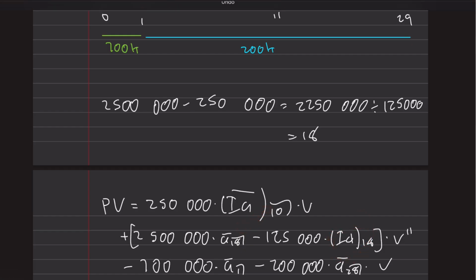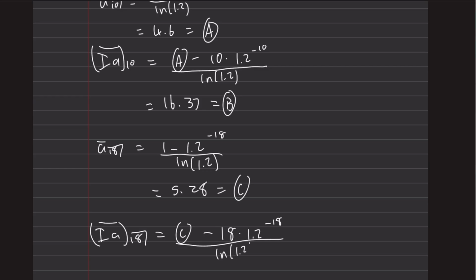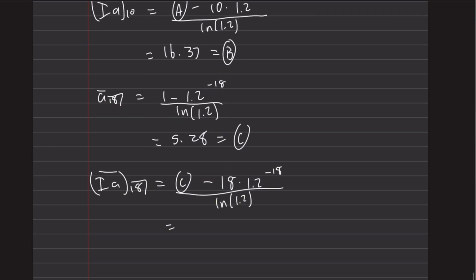And this is also decreasing continuously, so it should have a line above. Okay, so an increasing annuity for 18 years continuous is going to be C minus 18 times 1.2 to the power of negative 18 over ln of 1.2. That's going to give you D.